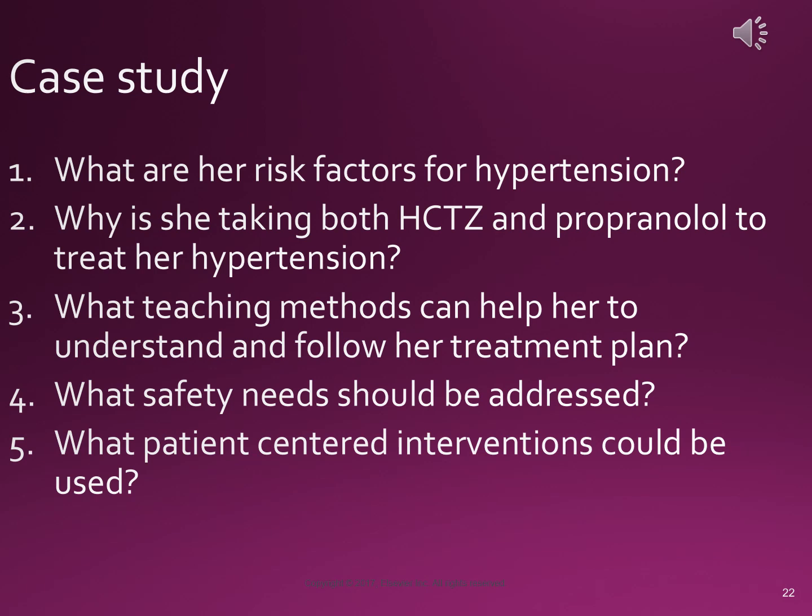So risk factors here, non-modifiable, of course, are her age, and she does have a history of hypertension. But things she can modify include her weight and her adherence to treatment. Why is she taking both hydrochlorothiazide and propranolol? Thiazide diuretics are the first line drugs.